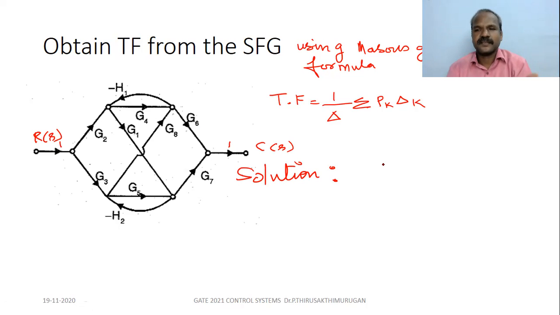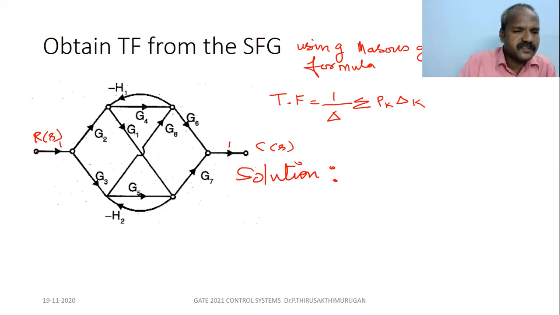The forward path is nothing but starts from one point and ends at the final stage. So it starts from R(S) and ends at C(S). How many forward paths are available in this signal flow graph? Let us calculate one by one.